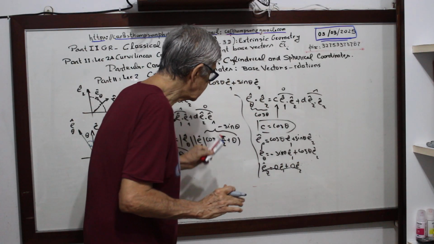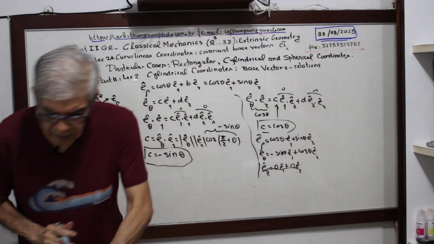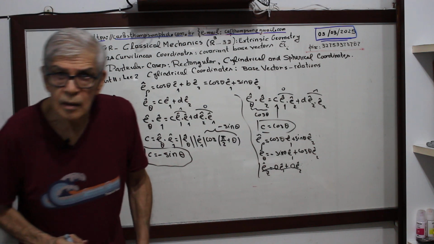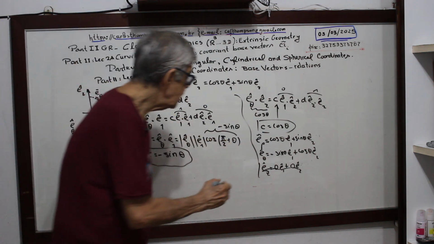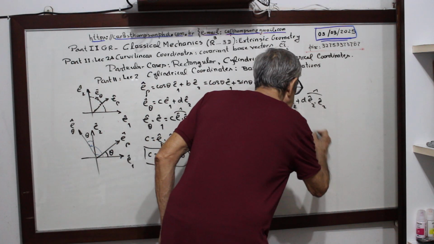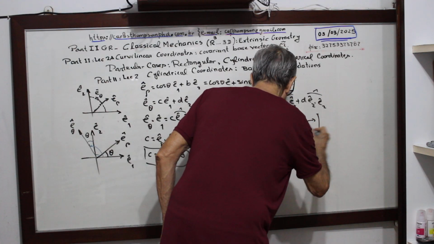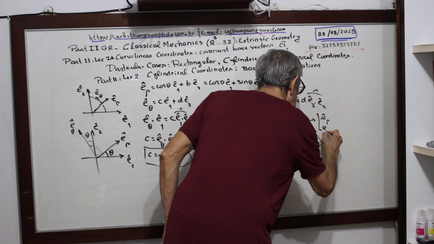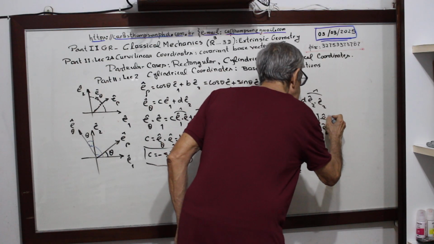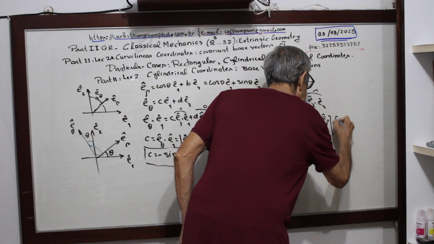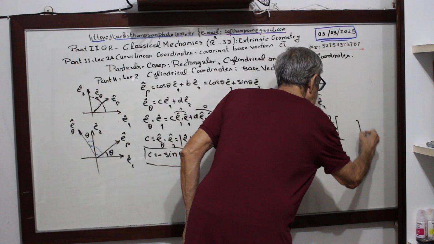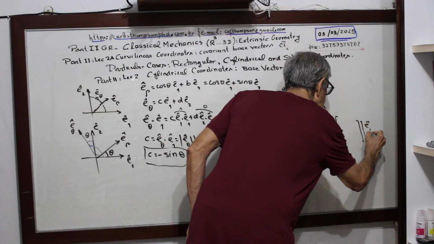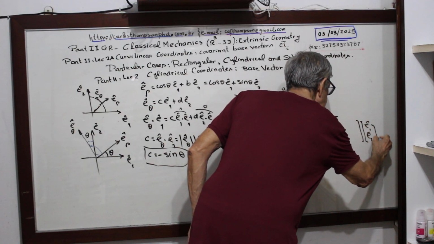Now look how interesting. I can represent this linear combination using a matrix. Okay, I can write it like that. So I have E rho, E theta is equal a matrix that multiplies E1 and E2.